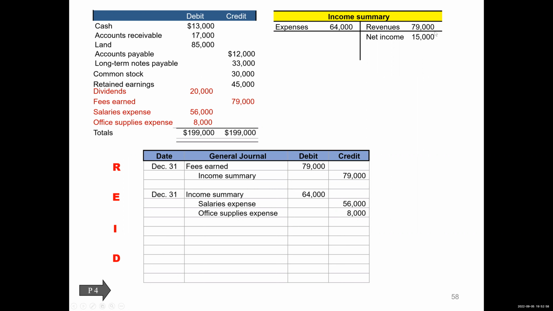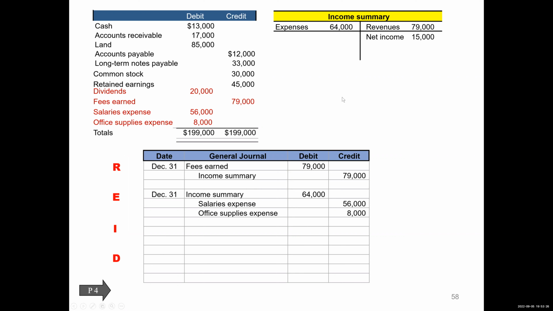Now, when we put our revenues in income summary and our expenses into income summary, we have net income here, right? Our revenues are 79,000. Our expenses are 64,000. The net of that is a credit balance of $15,000, which represents net income. So we need to transfer this net income into retained earnings. That's where we come up with I, close income summary, right?